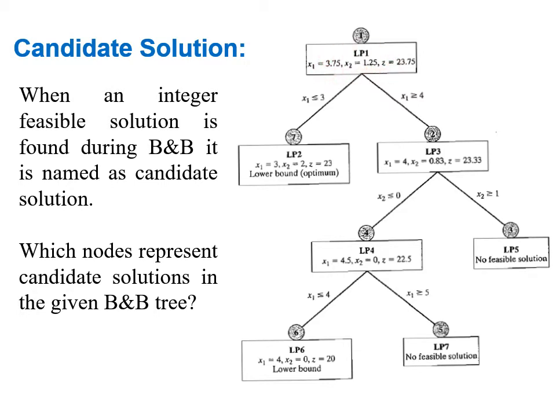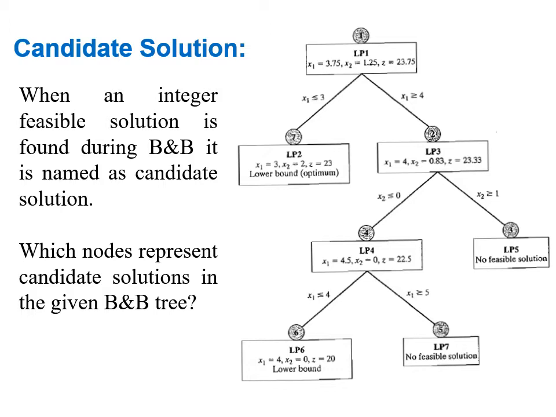And be careful, we have three reasons for fathoming a branch. What are they? Fathom because of infeasibility, fathom because of bound, and lastly, fathom because of integer feasibility. So if you have a candidate solution, it means that you need to fathom that node.